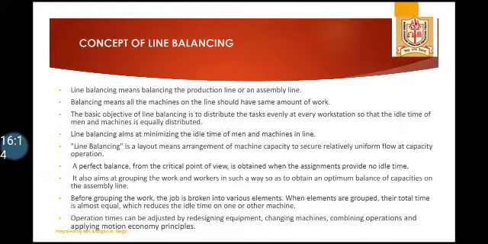Before grouping the work, the job is broken into various elements. When elements are grouped, their total time is almost equal, which reduces the idle time on one or other machine. Operation times can be adjusted by redesigning the equipment, changing the machines, combining the operations, and applying the motion economy principles.